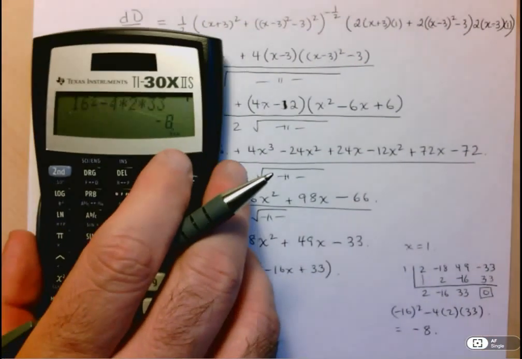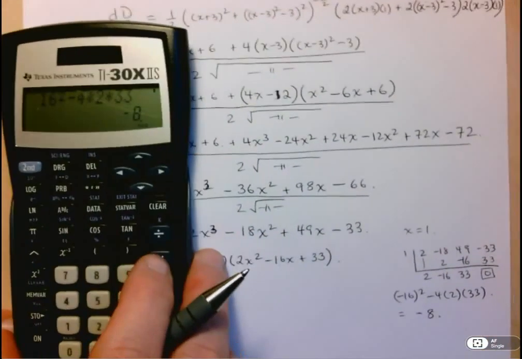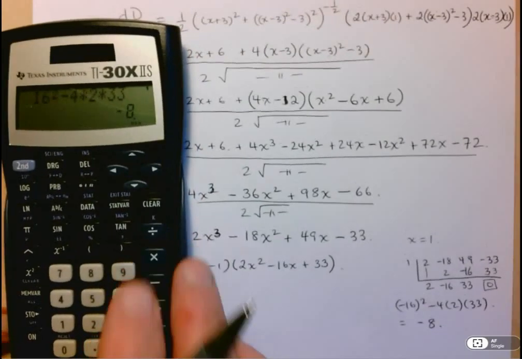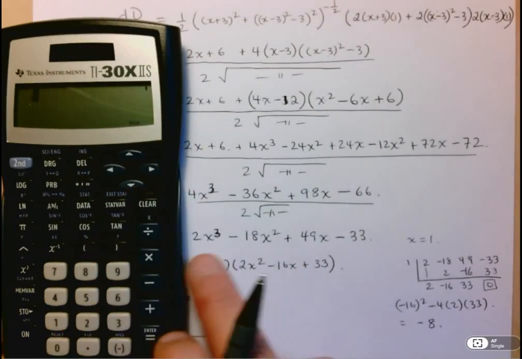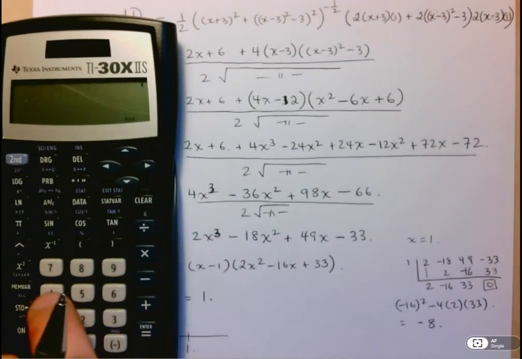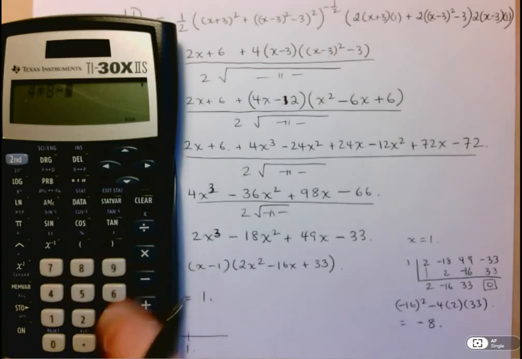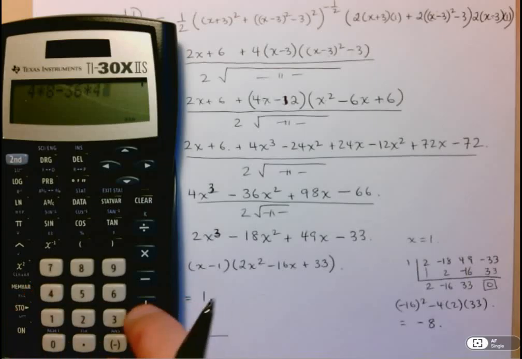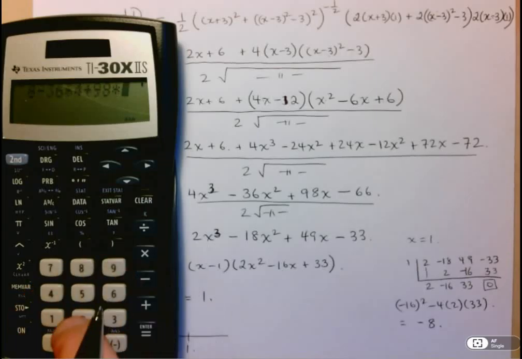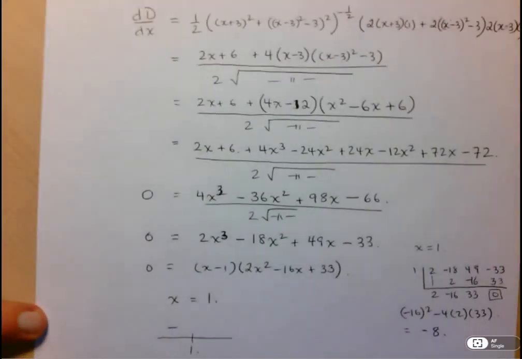Okay, so let's just calculate that to be precise. We've got 4x cubed, so 4 times 2 cubed is 8, minus 36 times 2 squared is 4, plus 98 times 2, minus 66, and we get a positive number.